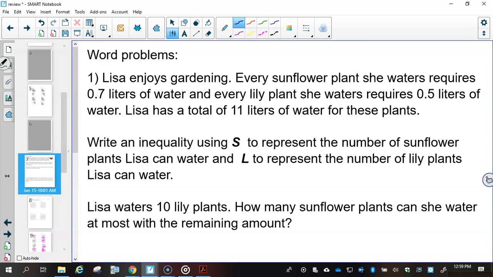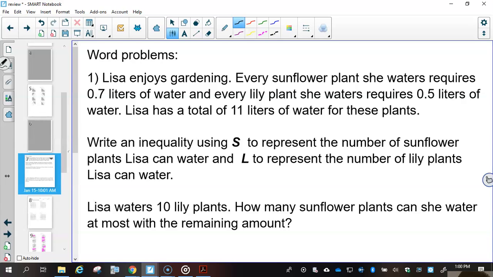Every sunflower plant she waters requires 0.7 liters of water, and every lily plant she waters requires 0.5 liters of water. Lisa has a total of 11 liters of water for these plants. Write an inequality using S to represent the number of sunflower plants Lisa can water, and L to represent the number of lily plants Lisa can water. Lisa waters 10 lily plants. How many sunflower plants can she water at most with the remaining amount?